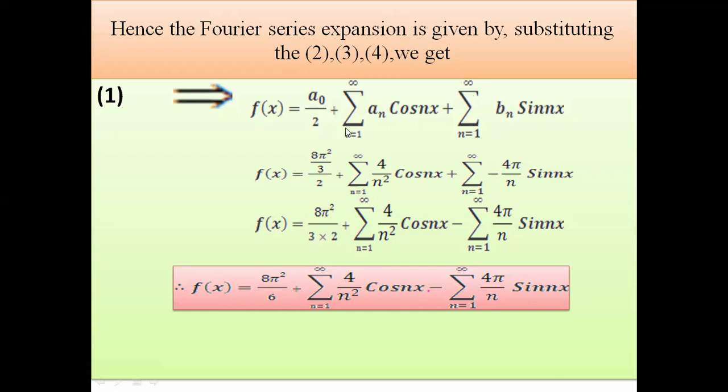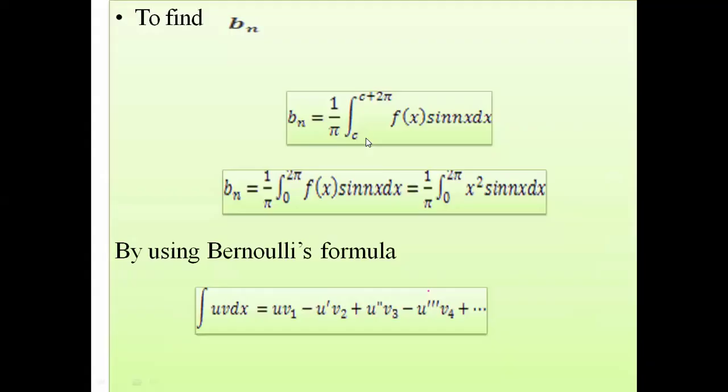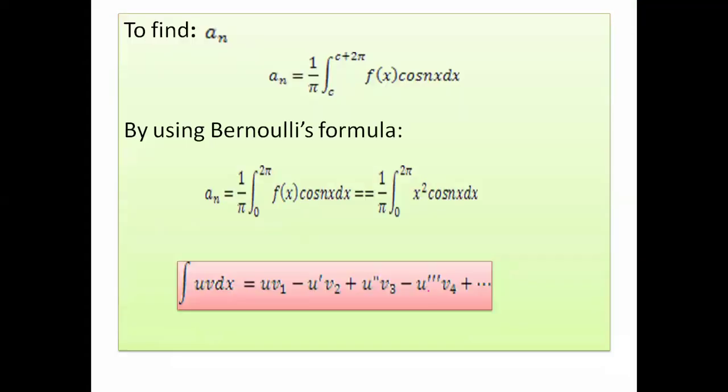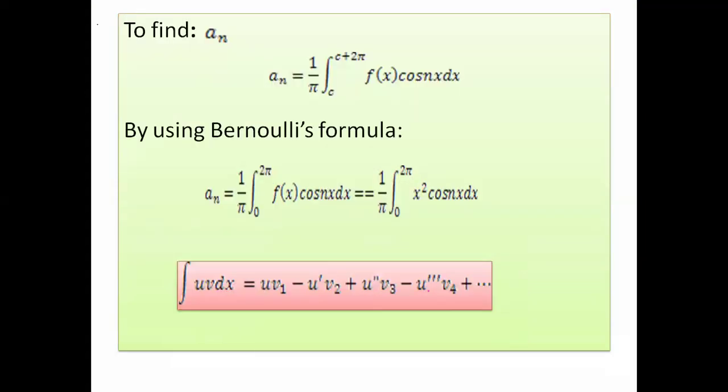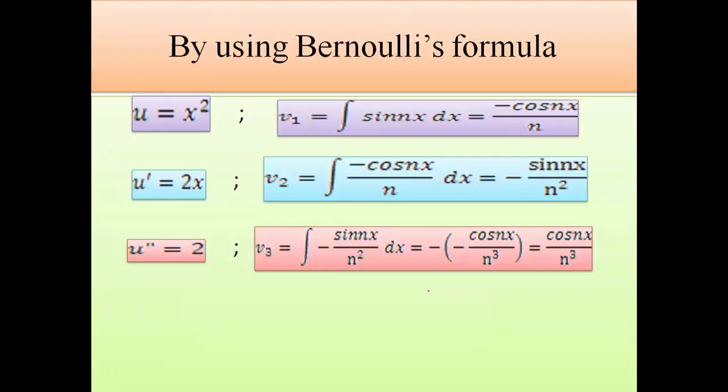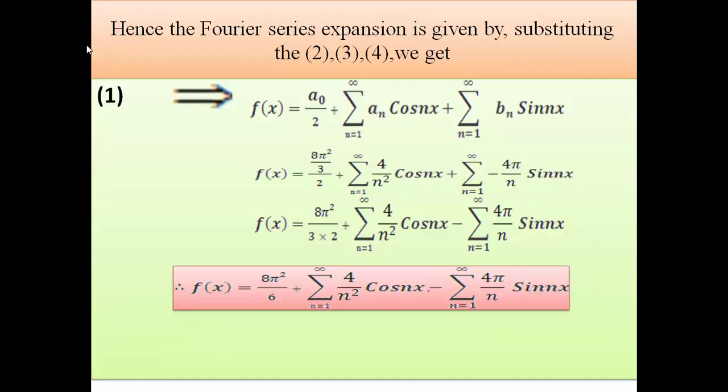The a naught value we already found is 8 pi square by 3. So substituting 8 pi square by 3, the a n value 4 by n square, and the b n value minus 4 by n, now simplify this.